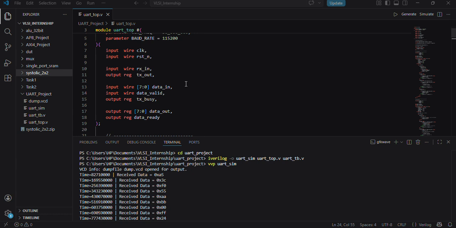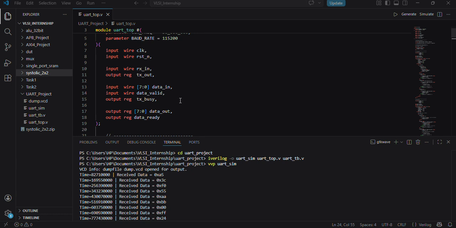This UART can work with many systems. In this, the receiver receives the serial data and the transmitter sends the serial data. One is the receiver part and the other is the transmitter part.